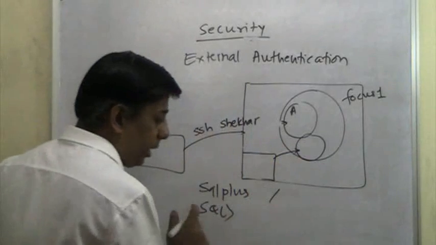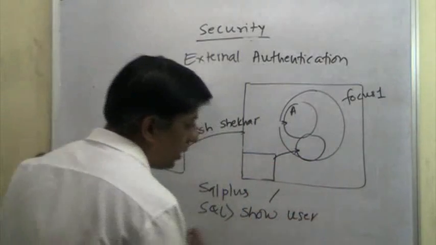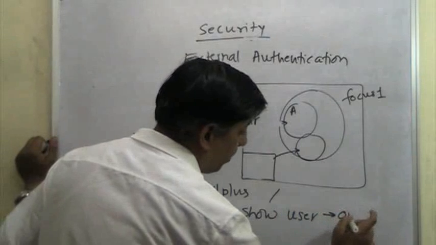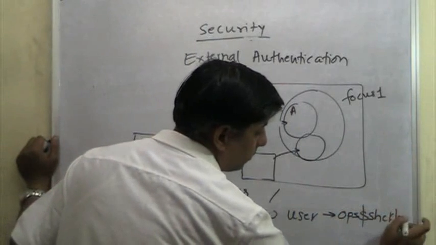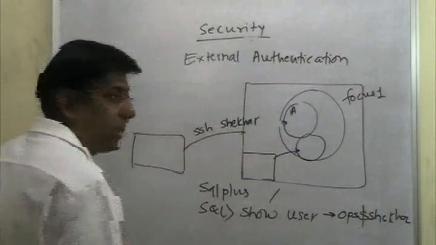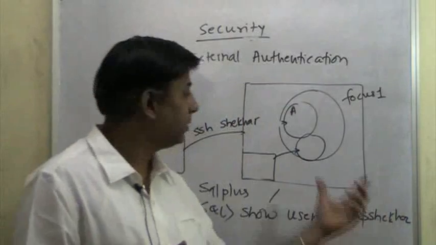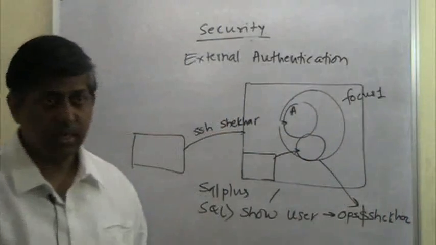No login ID, no password required. And if you type the command show user at this time, you will see the answer. Since I don't have space, I will write it here. The answer that you will see is OPS$Shekhar. So what is this? This is a schema inside the database. The name of the schema is OPS$Shekhar.